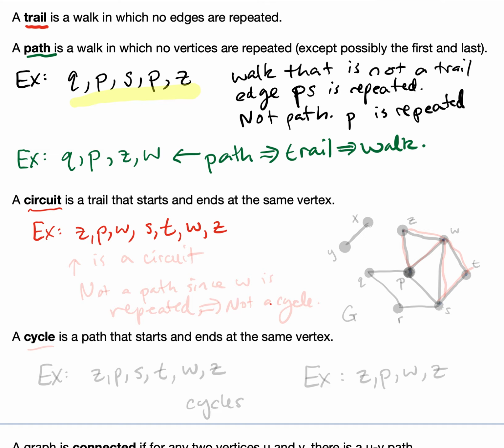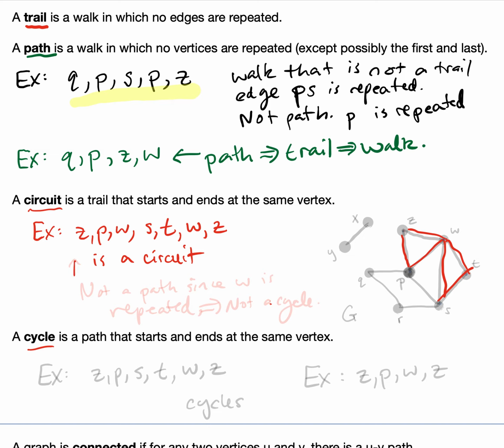So for example, the sequence of vertices Z P W S T W Z, that is a circuit. So it did not repeat any edges, although it did repeat the vertex W. However, that would not meet the criteria for being a cycle. A cycle is a path that starts and ends at the same vertex, and a cycle, since it is a path, that means that it cannot repeat any vertices.